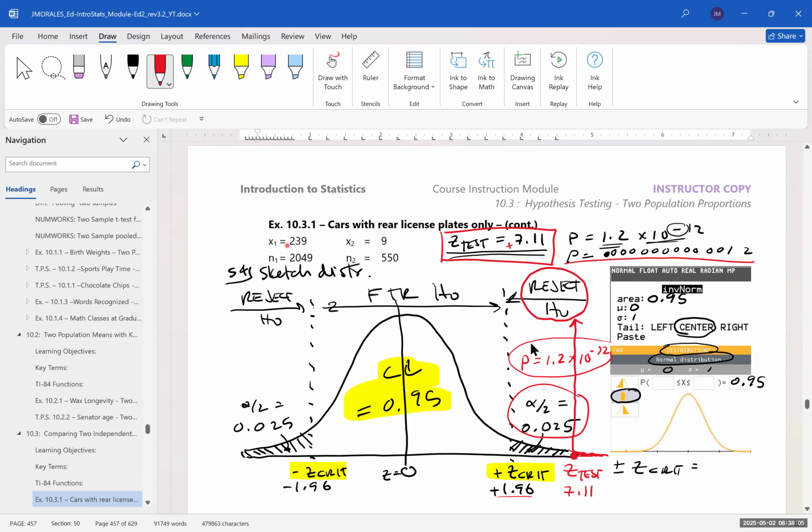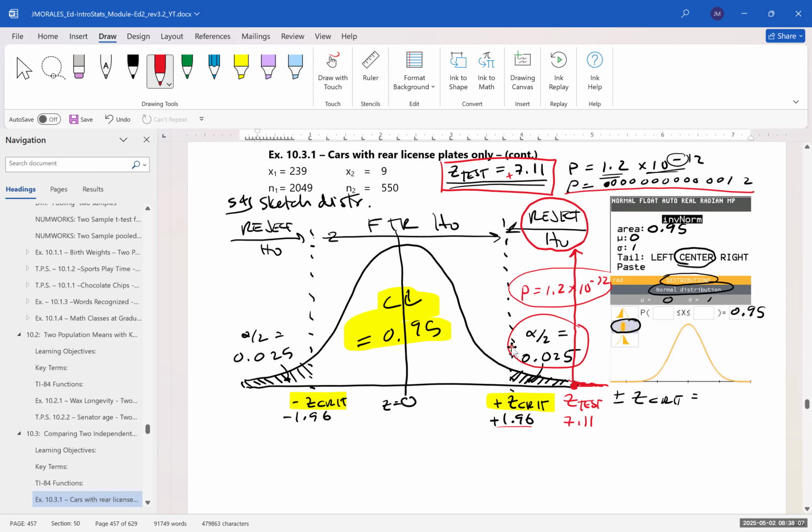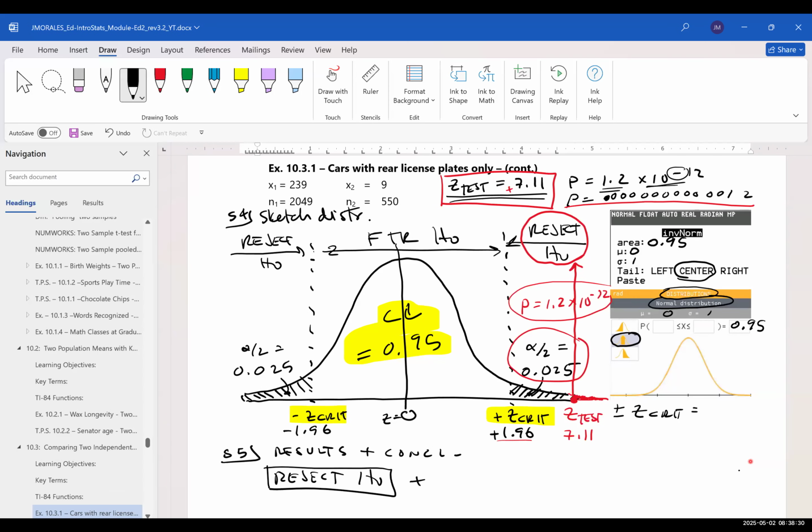So that immediately takes us to step 5, which is to put together our results and write our conclusion. So here in the end, we are rejecting the null, and that's going to be coupled with, let's see, what was our original claim?